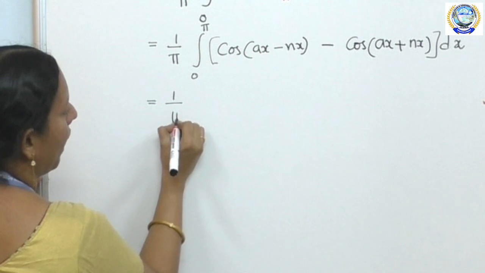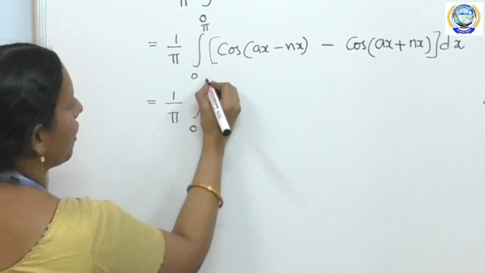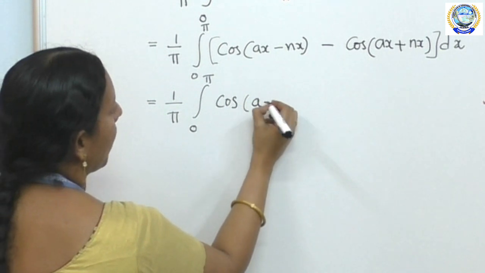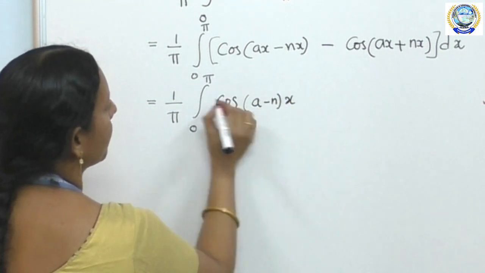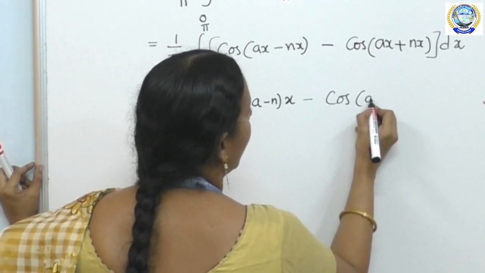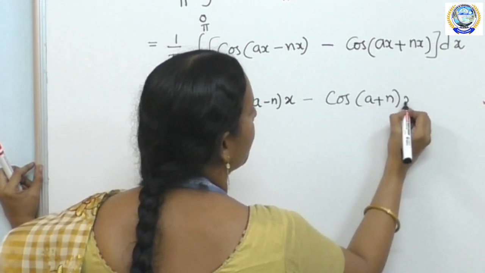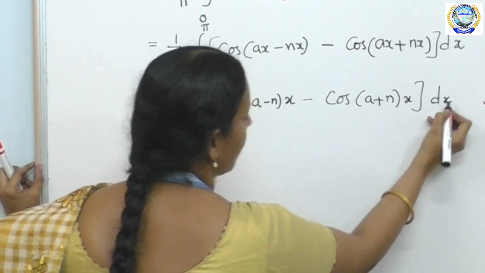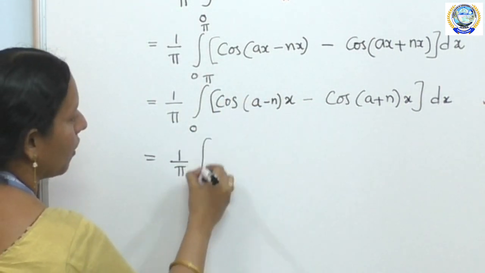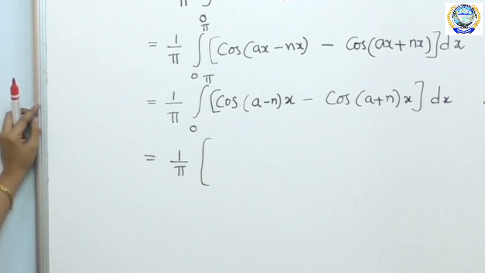This equals 1 by pi integral 0 to pi cos (a minus n) into x minus cos (a plus n) into x dx. This equals 1 by pi. What is the integration of cos?